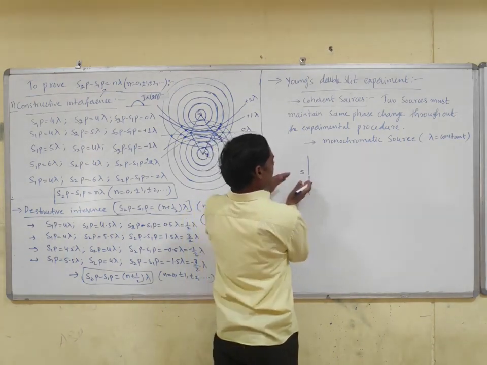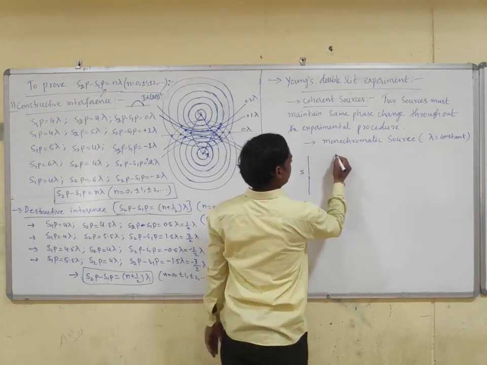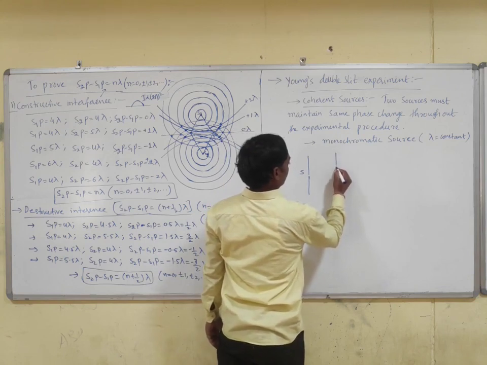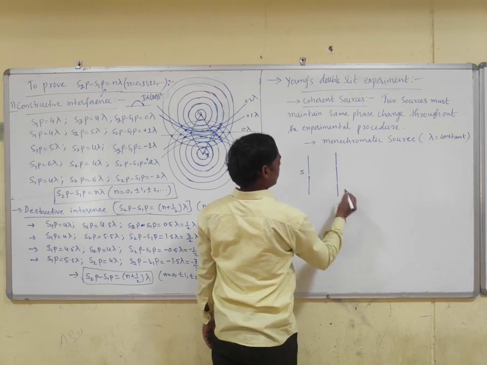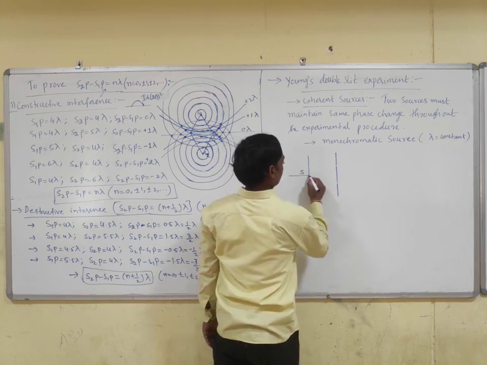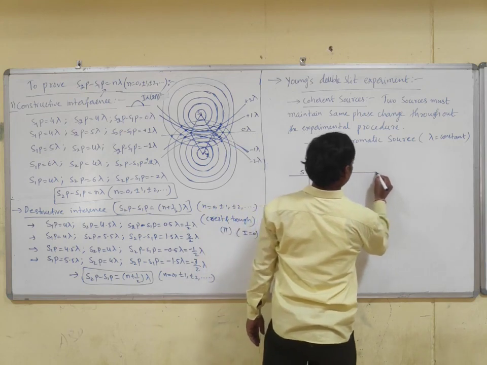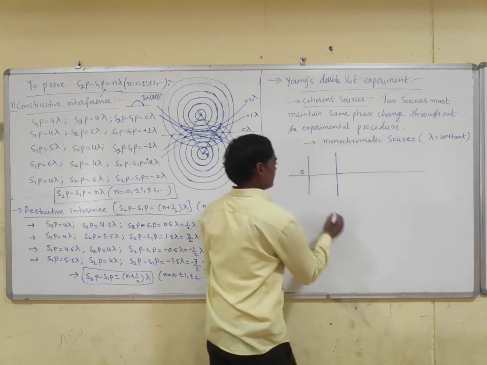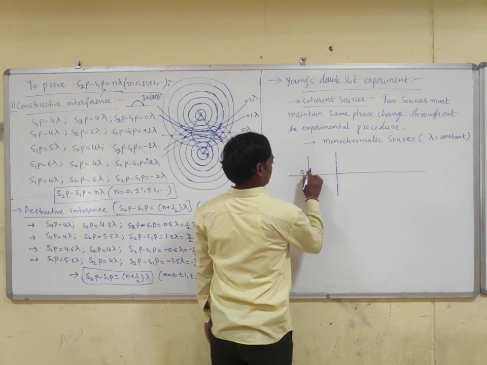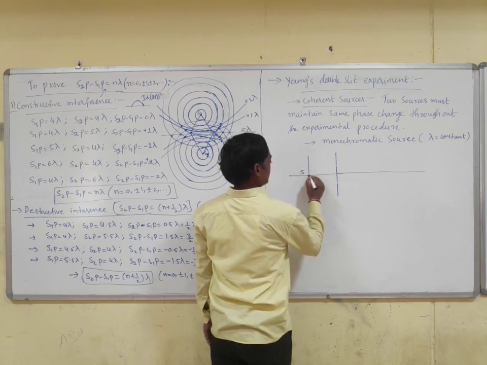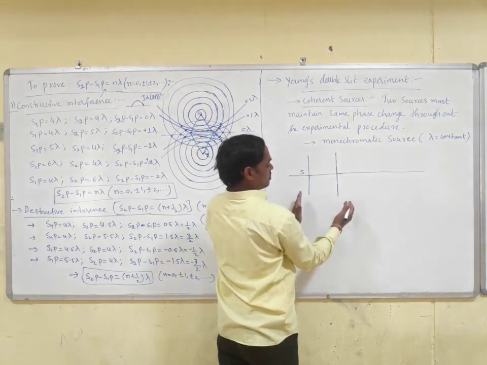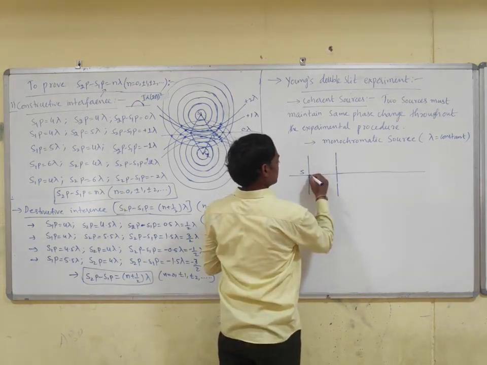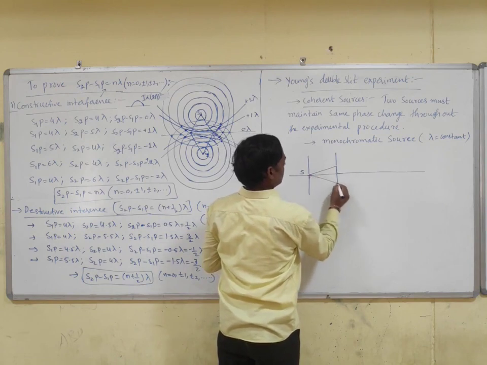Now from this, light waves are coming out. Now let us take another cardboard sheet with 2 pinholes. Let us draw a horizontal line first. From this source, these two must be parallel to each other, so that this distance must be constant.